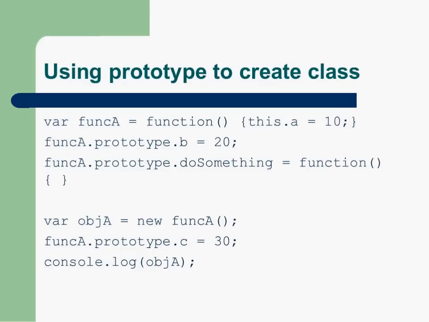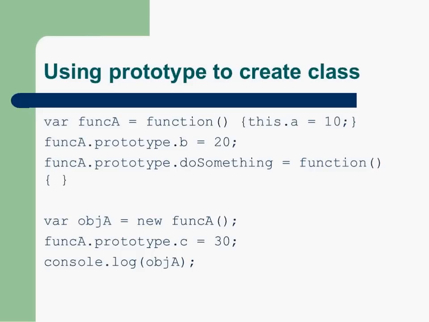Okay, let me explain this. What will happen inside doSomething if you use this.something? When called with the scope of object A, this will point to the object A. It's the same as using dot call and passing object A as the scope along with the arguments.